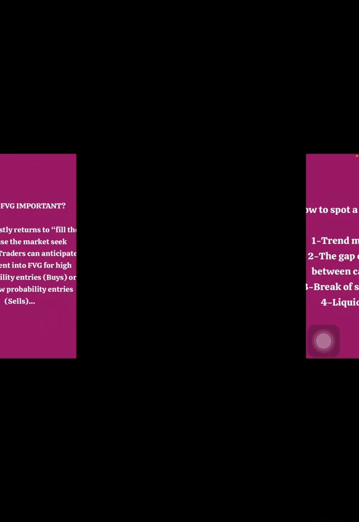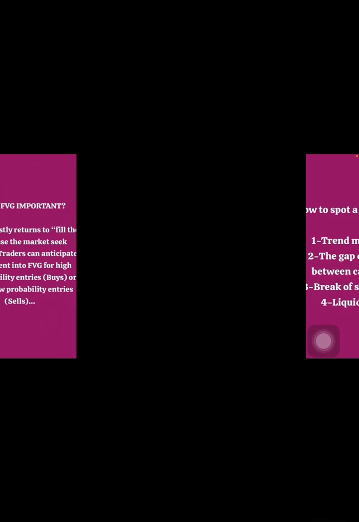Price moved aggressively in one direction, and that's exactly what happened here. So because the market seeks balance, price will definitely return back to this FVG. Then traders will take participation of this retracement for a low probability, that's a sell for this.